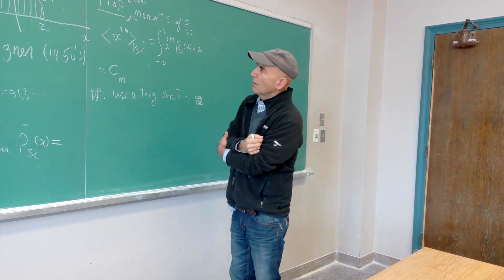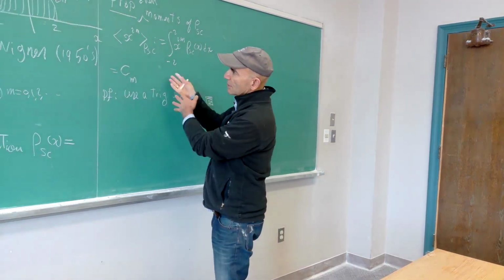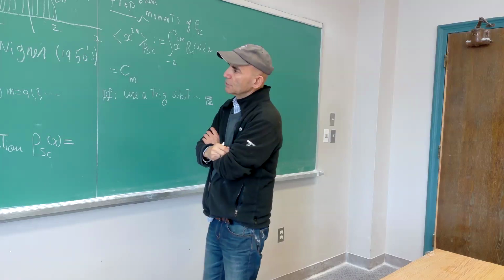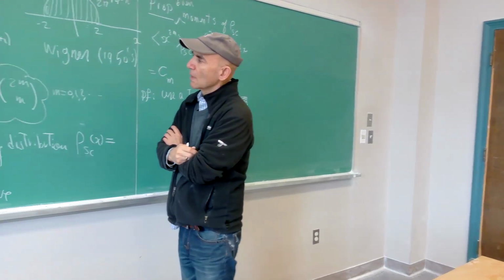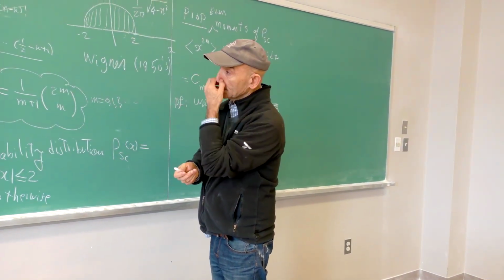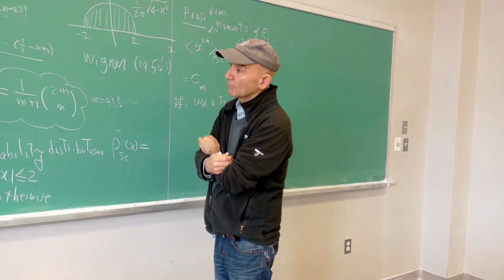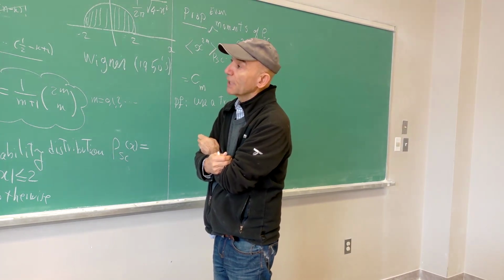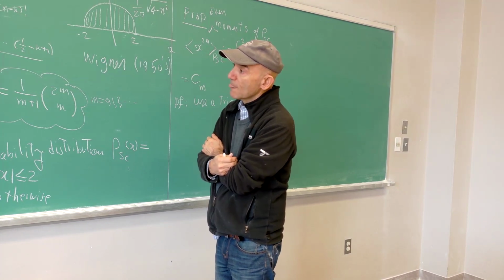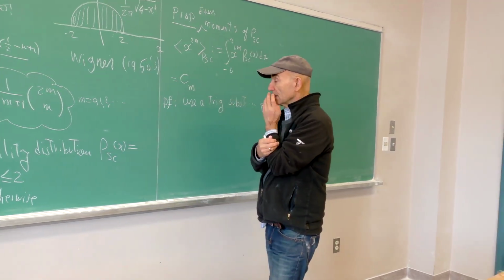Okay, so now we have different incarnations of the Catalan number. They are the moments of the semicircular distribution, and they are defined as the number of non-crossing pairings, not partitions, pairings of 2m objects.